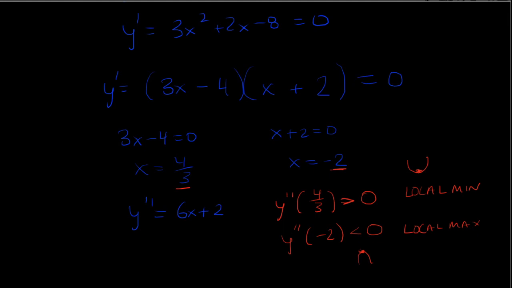And the last step is to find what the actual maximum and minimum values are. So for the maximum at -2, it's going to be 17. And the minimum at 4/3 is -41 over 27. So those are the minimum and maximum values.